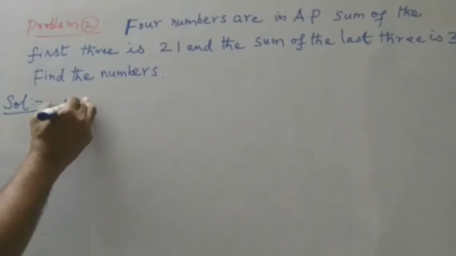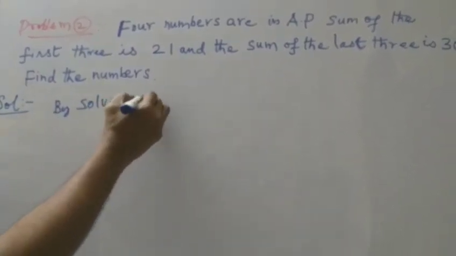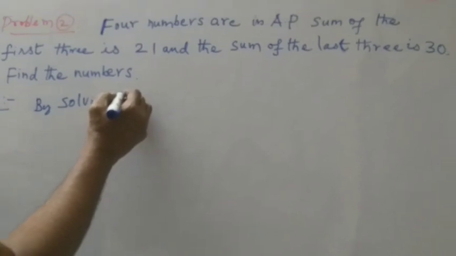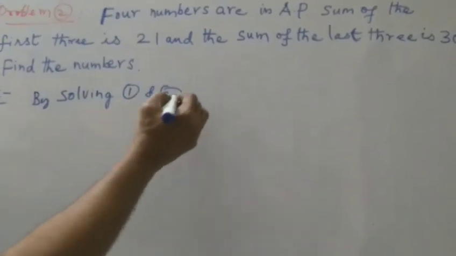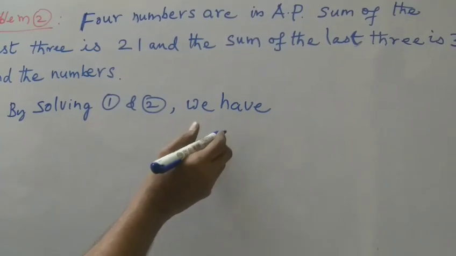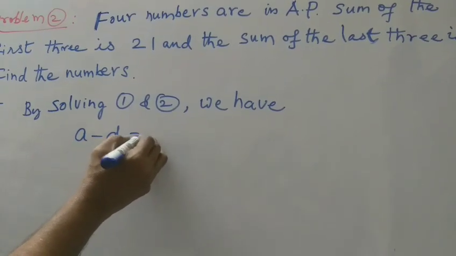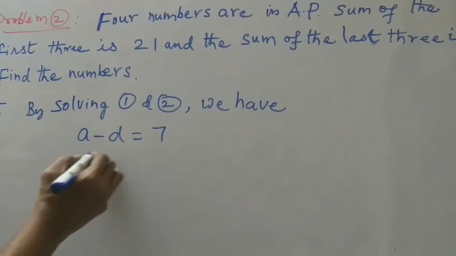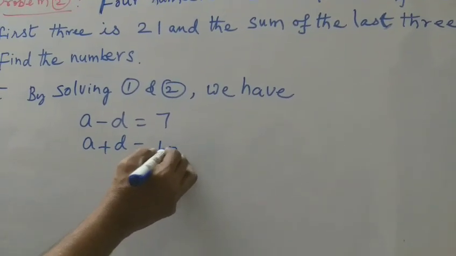By solving one and two, we have a minus d is equal to 7 and a plus d is equal to 10.